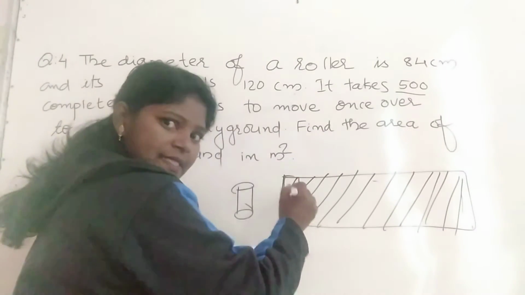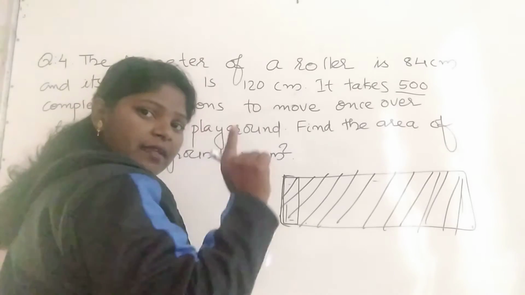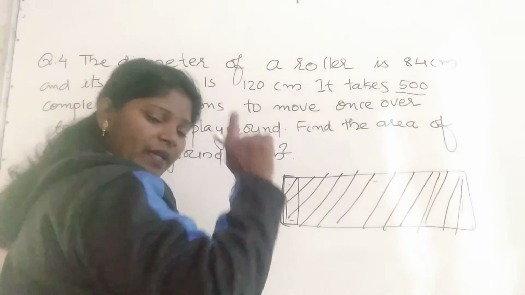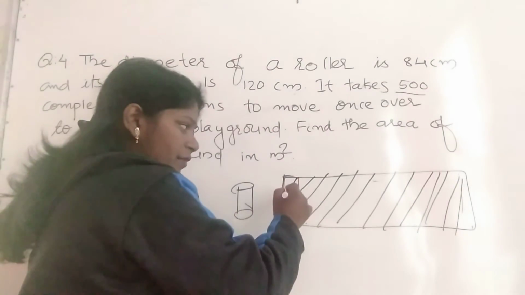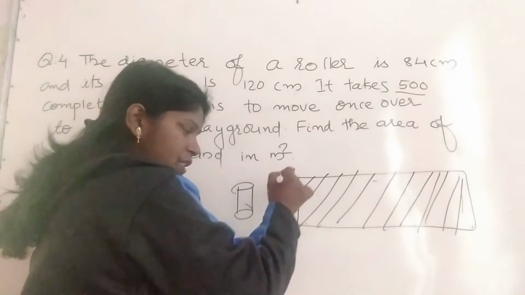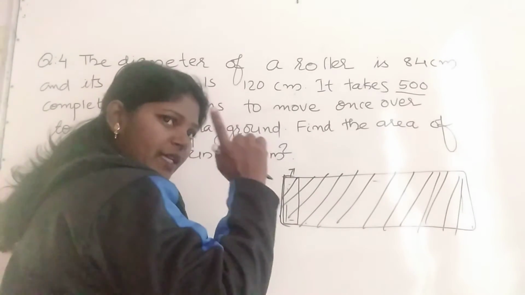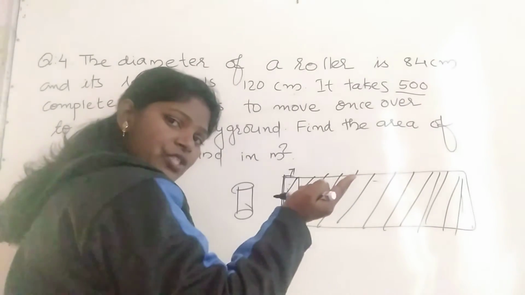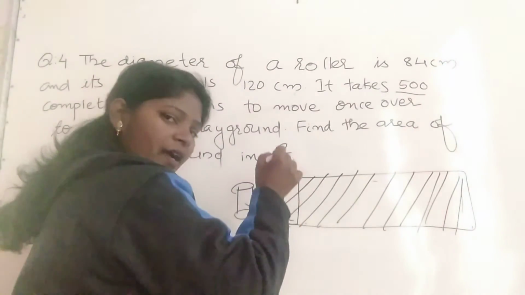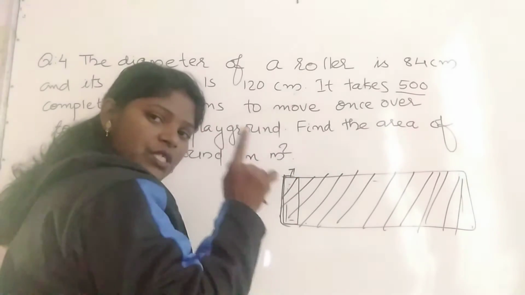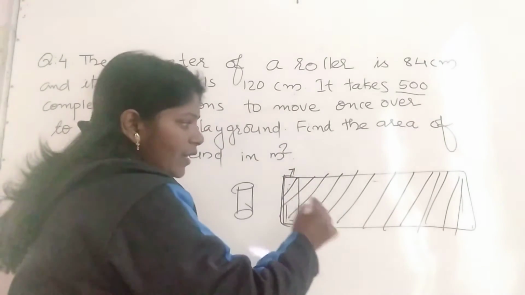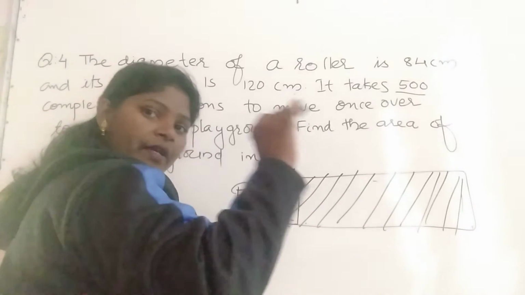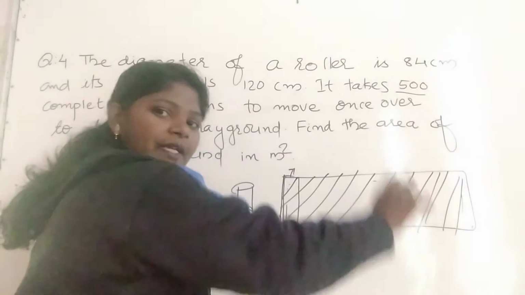If we get the area covered in one revolution, how can we find the area covered in 500 revolutions? That means area covered in one revolution into 500. That will be the total area of the playground.